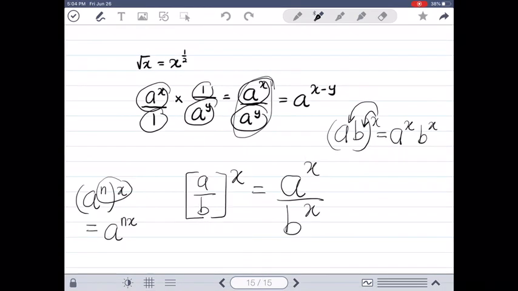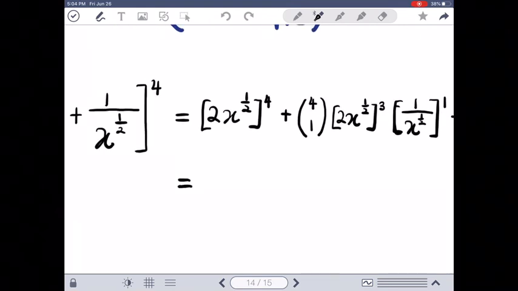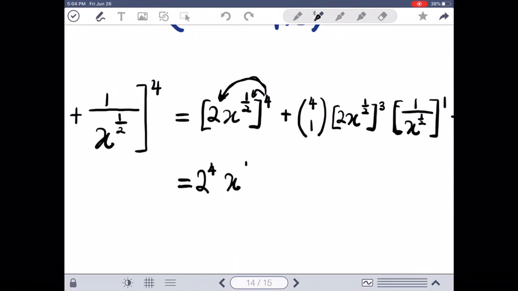So the power 4 belongs to both a and b. In this case, 4 belongs to 2 and also to the term x to the power of 1 over 2. So it becomes 2 to the power of 4 for the first term, and then x to the power of 1 over 2, to the power of 4.